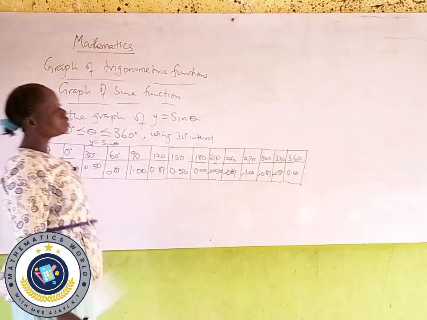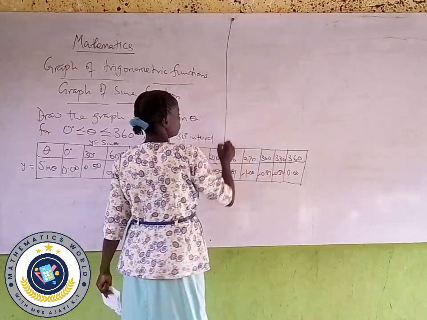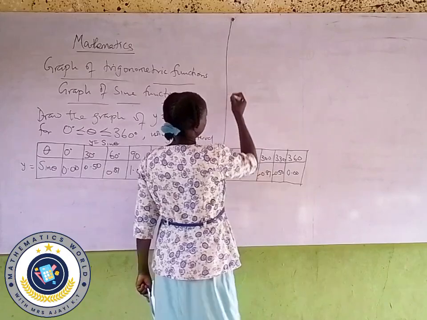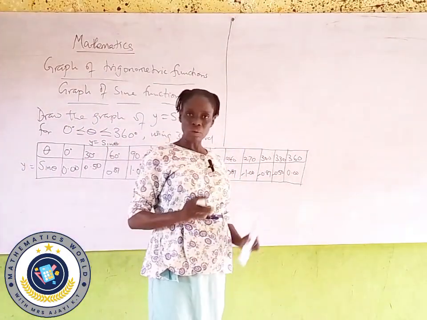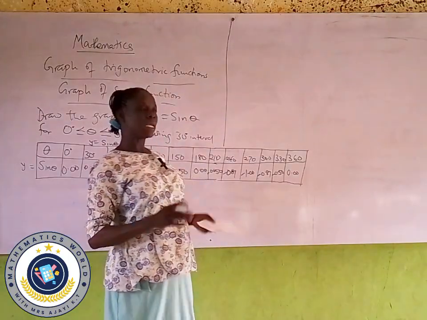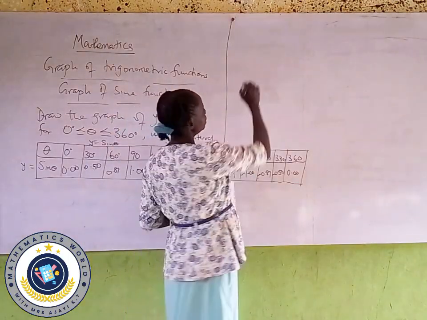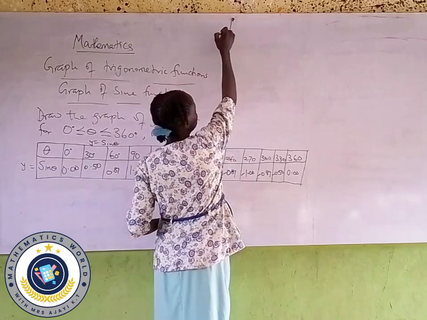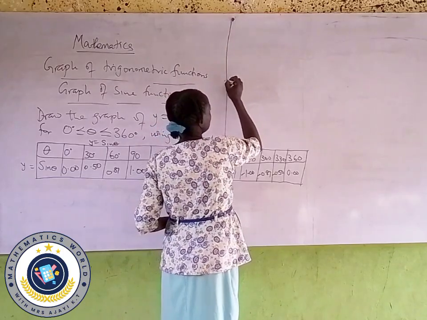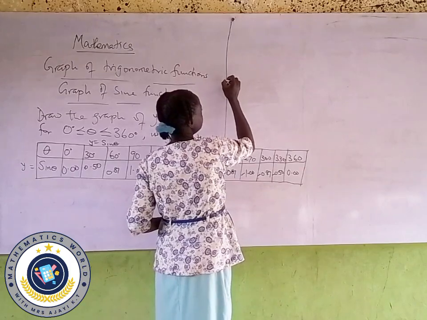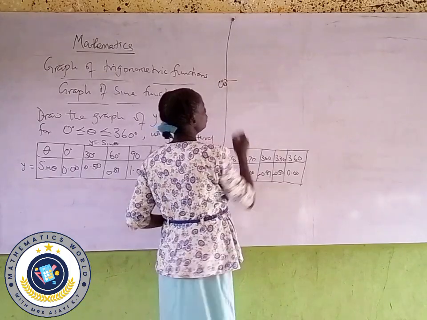Then how do we plot this on graph? It's very easy. You are going to choose a scale. By my own scale, when you get your standard graph paper, the thick line is measured at 2 centimeters. Supposing this is the origin, 0.0 degree.